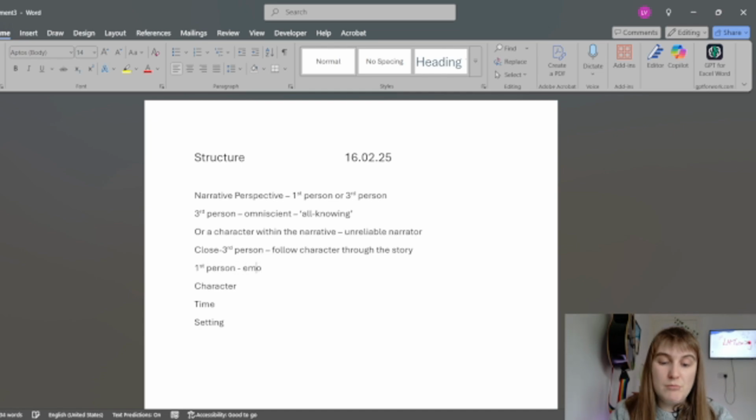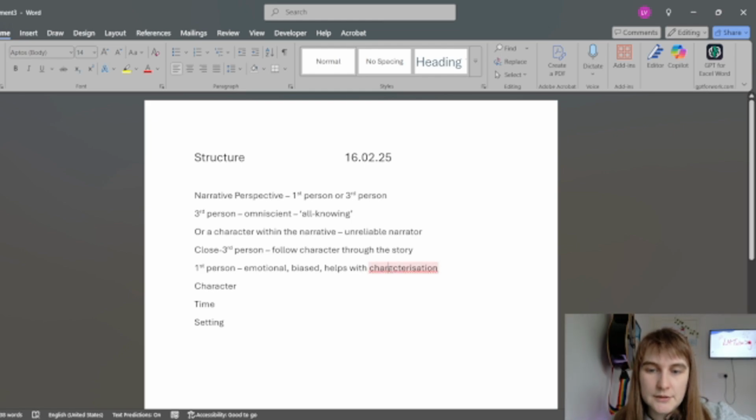It's probably more emotional, more biased, because we're always within that character's head, and probably helps a little bit with characterization, building character. Telling me that's spelled wrong because they think we're in America and we're not.